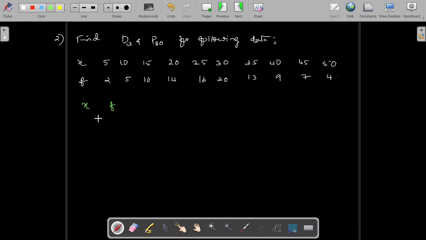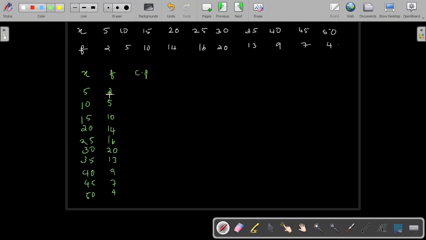So x: 5, 10, 15, 20, 25, 30, 35, 40, 45, 50. Find the cumulative frequency: 2, 7, 17, 31, 47, 67, 80, 89, 96, 96 plus 4, 100.